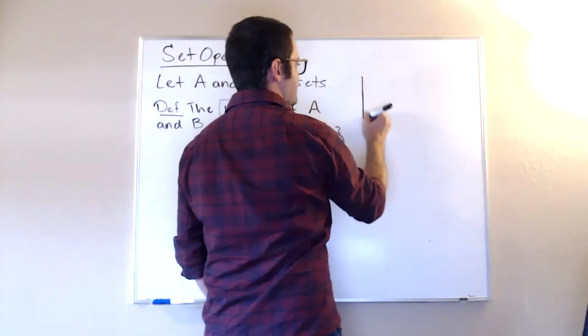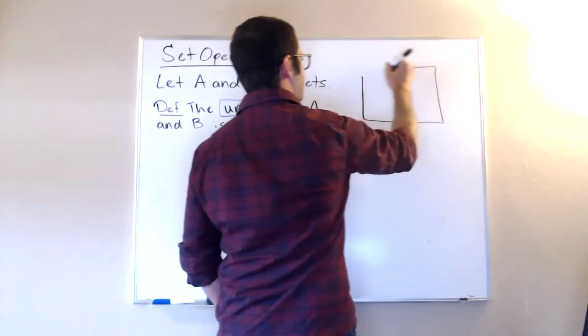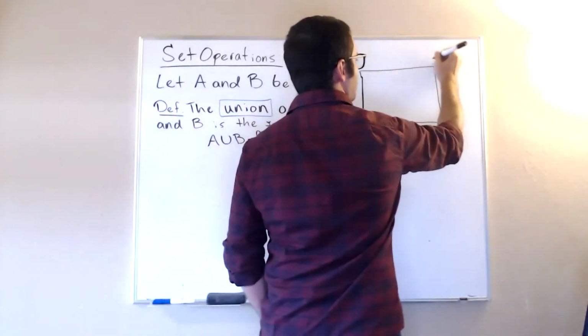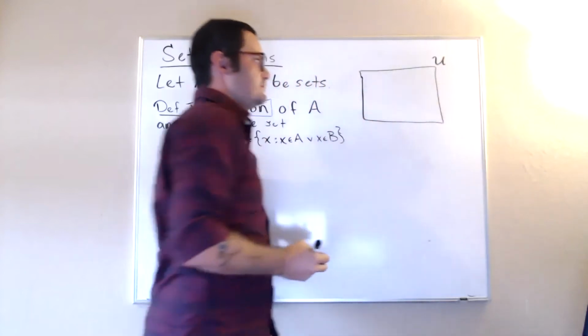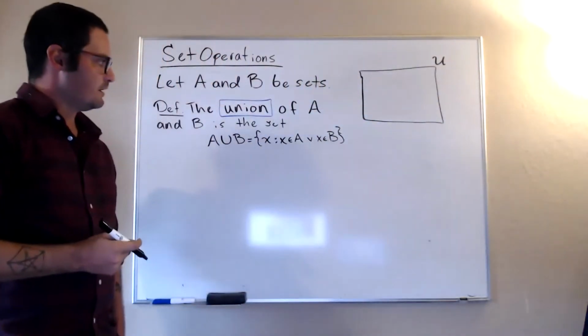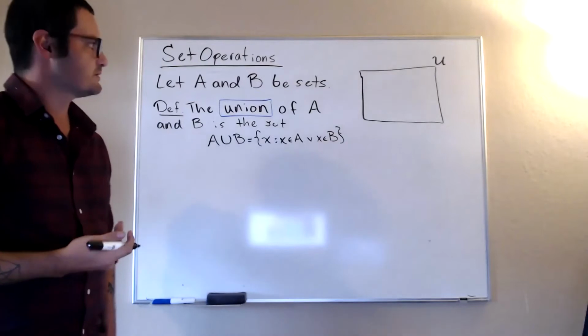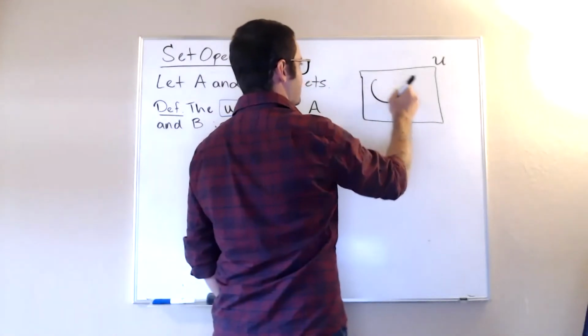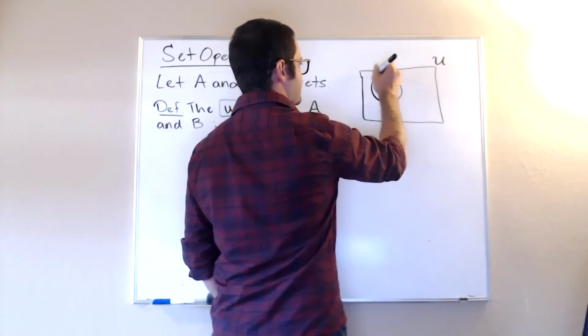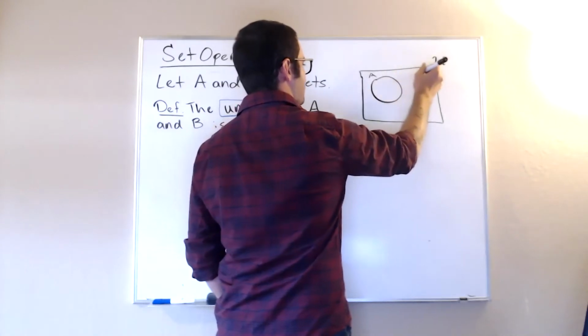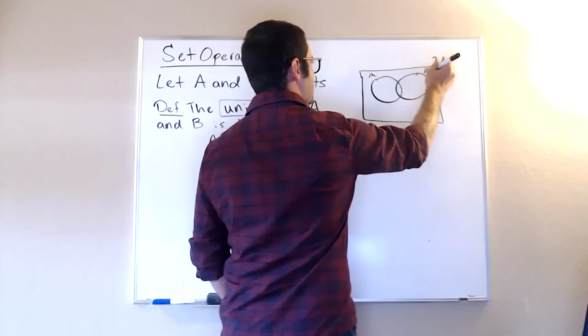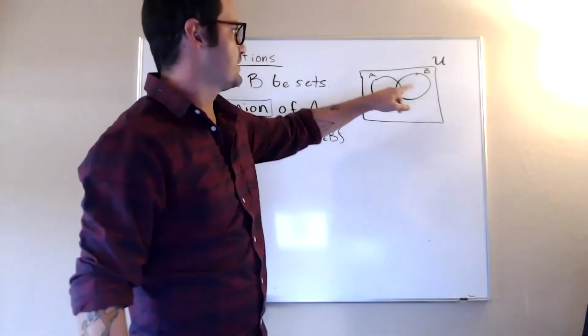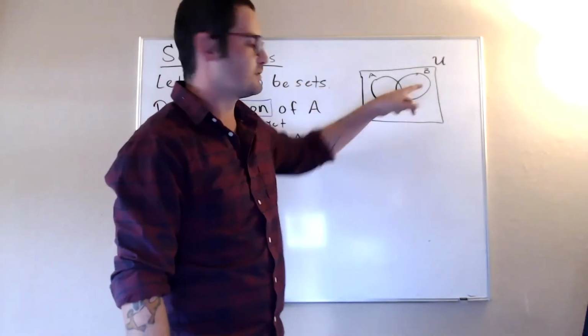So suppose this is the universal set U, which consists of all elements that are possible when you're considering a collection of elements. And then suppose we have maybe set A and set B. So anything inside there belongs to A, anything inside there belongs to B.